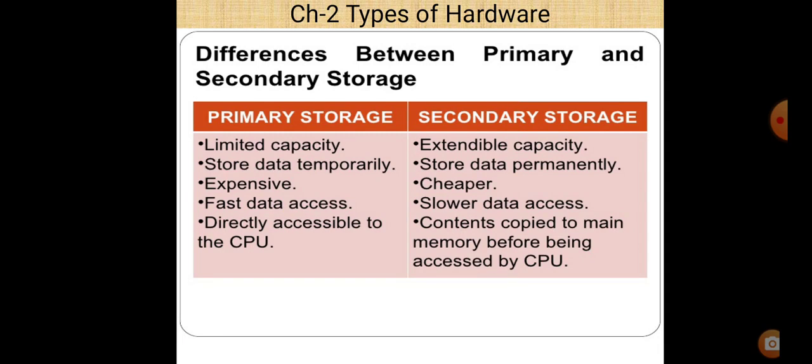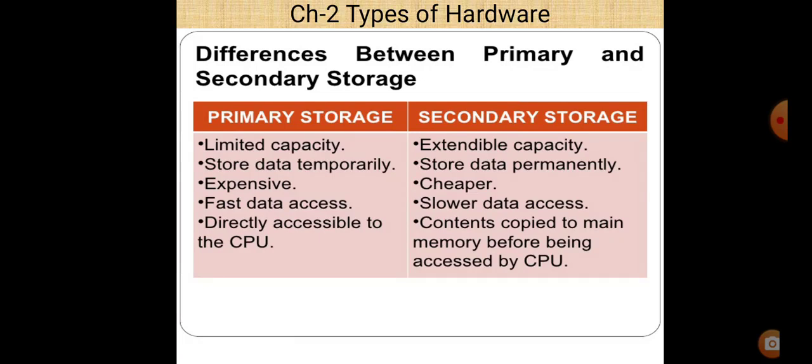Primary storage has limited capacity, while secondary storage has extendable capacity. Primary storage stores data temporarily, which means it is a volatile memory, while secondary storage stores data permanently. And primary storage is much more expensive compared to secondary storage.